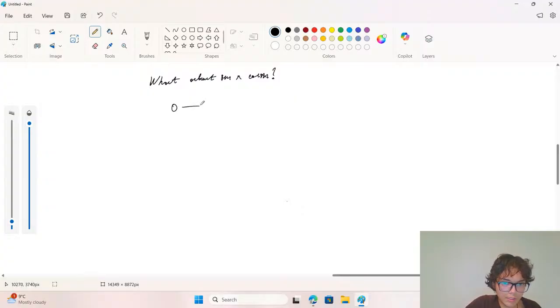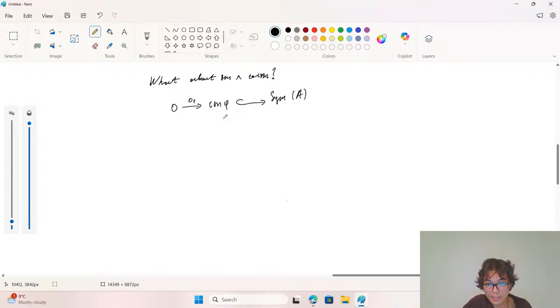Here I considered this sequence, 0, 1 going to the image of phi, and it's injectively embedded in the symmetry of A. Why I considered this map: initially I considered the inverse situation, when the symmetry goes to the image.